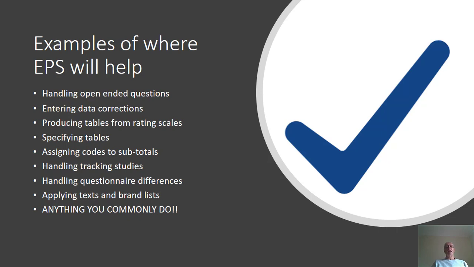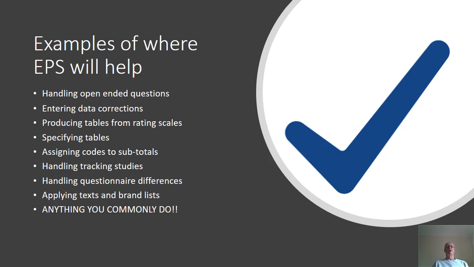It's a very good tool for handling tracking studies. Tracking studies are notorious for being difficult to handle, not because they're conceptually very difficult, but because often clients want to change the questionnaire from quarter to quarter or wave to wave, however frequently the survey is taking place. As a result, someone's got to code what questions are present at what wave, or perhaps even the data locations may change from wave to wave.